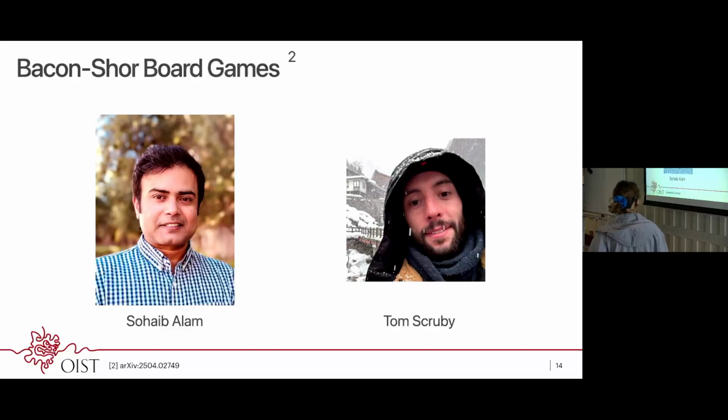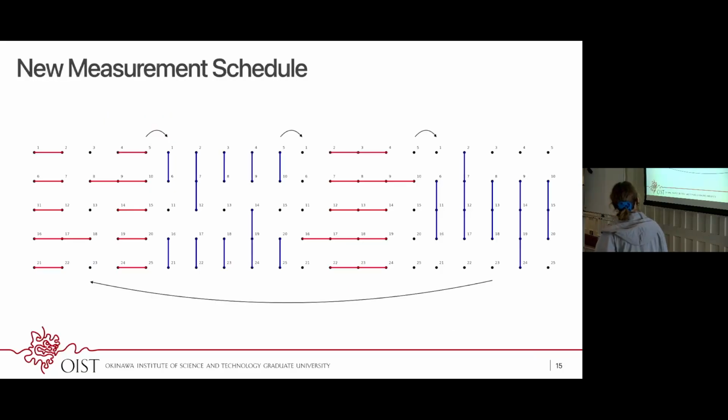These are the two cool people who worked on the project. In this project, we give the Bacon-Shor code a new measurement schedule. Here, the data qubits are on the vertices, the red segments represent the XX pair measurements, and the blue segments represent the ZZ pair measurements.